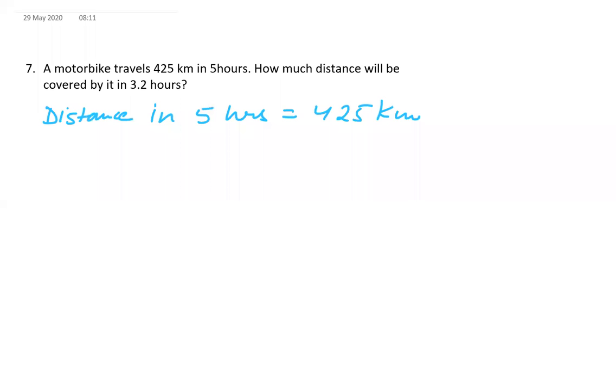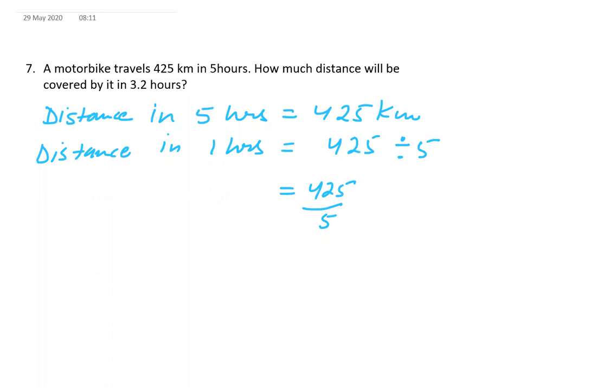So distance in 1 hour, how much? Can you find the distance covered in 1 hour by this motorbike? So 425 divided by 5. 5 ones are 5, 5 8s are 40, and 5 5s are 25. 85 kilometers. This is the distance traveled by the motorbike in 1 hour.